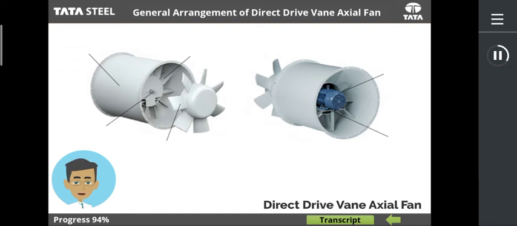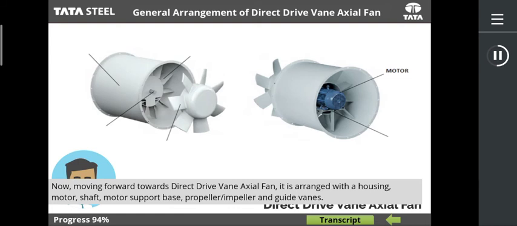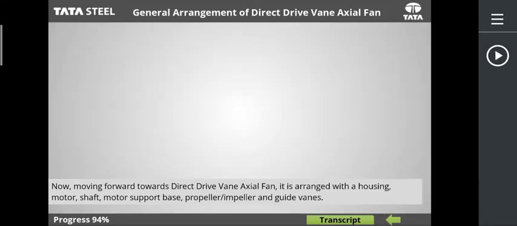Now, moving forward towards direct drive vane axial fan, it is arranged with a housing, motor, shaft, motor support base, propeller or impeller, and guide vanes.